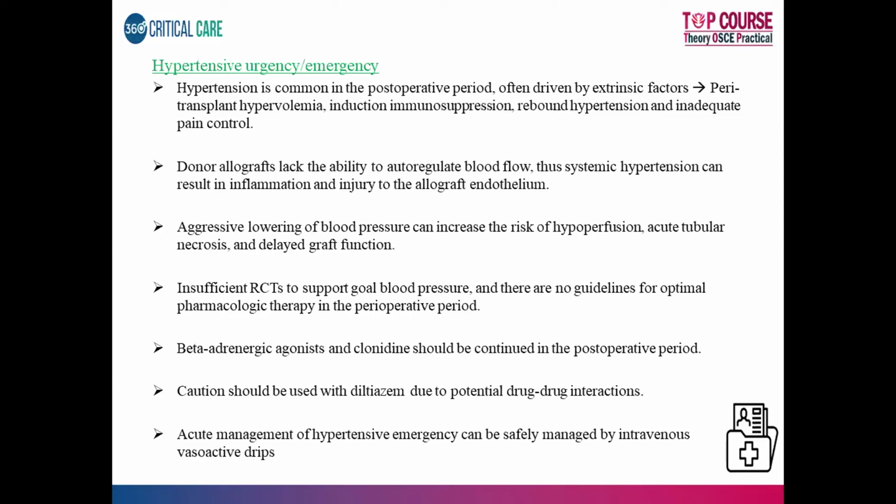But if the patient is on Diltiazem, better to stop it, because it has a lot of drug-to-drug interactions with the immunosuppression drugs, which we will start post-operatively. Okay, and if you want to manage acutely the hypertensive emergency, then any IV drugs will be helpful. This is how you manage your hypertensive urgency or the emergency.